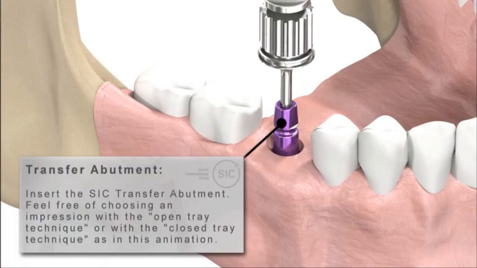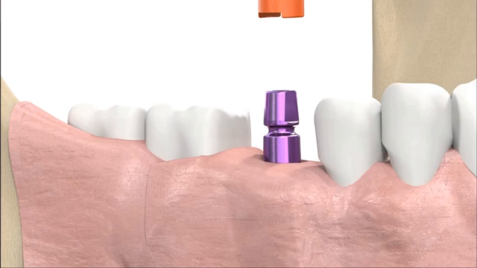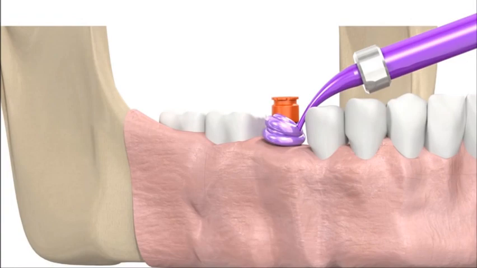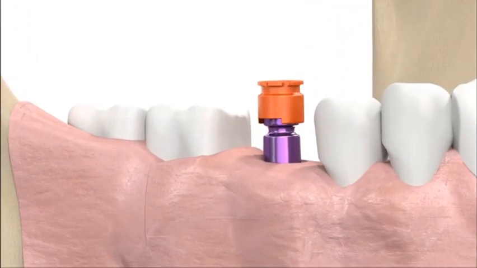This is the impression abutment or transfer coping. Then you will screw it into position, and this is the transfer cap denoted by the orange color.